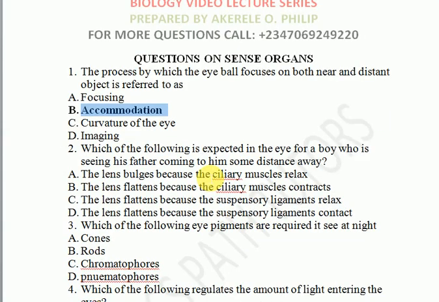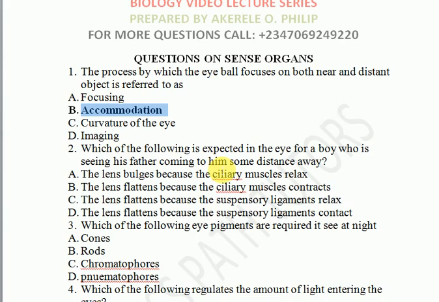Now, which of the following is expected in the eye for a boy who is seeing his father coming to him some distance away? There are some things that happen in the eyes for us to see a far distant object as well as a close object.